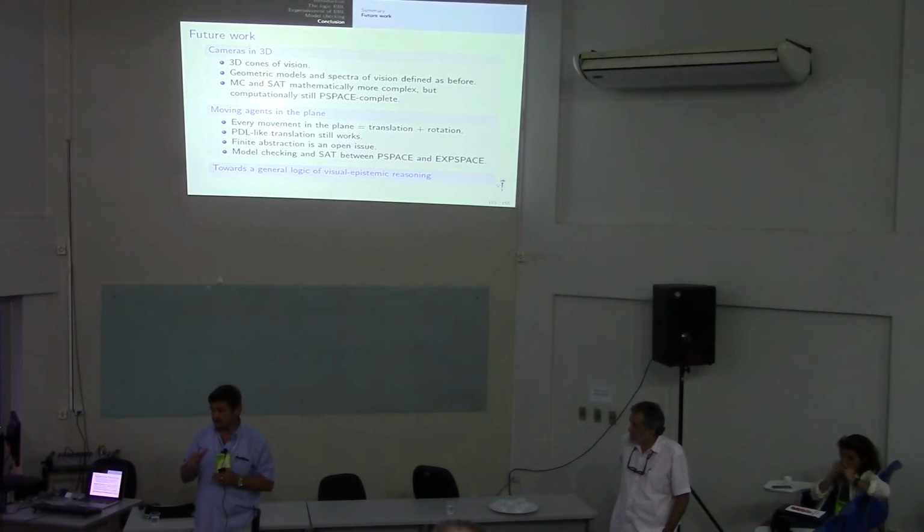If you want to formalize this, you need to extend the language ad hoc, saying that there is an obstacle between, which you can say using these sort of tricks.